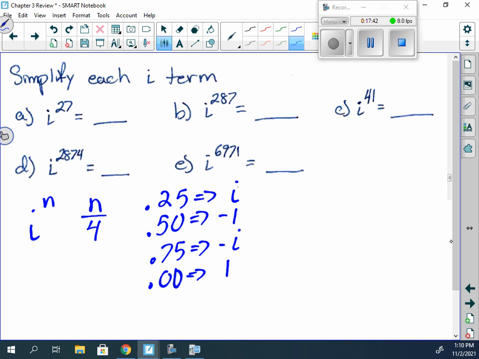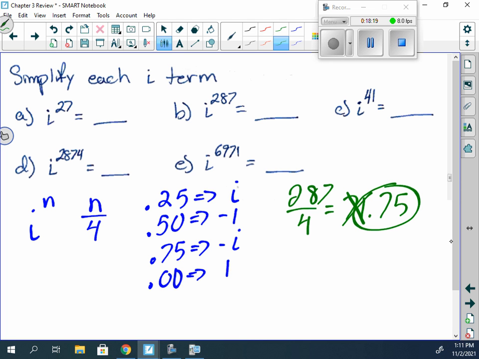So Caleb, pick one of these that you want to see worked. B, 287? Well, it's 287 divided by 4. So we're not concerned with the 71, but the 0.75.